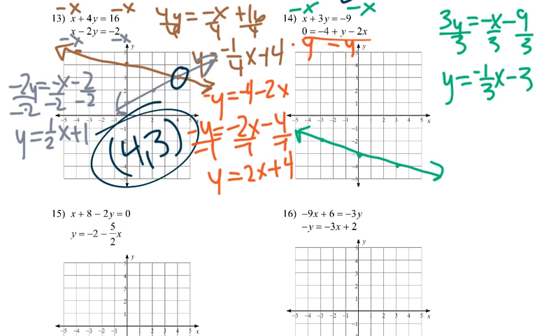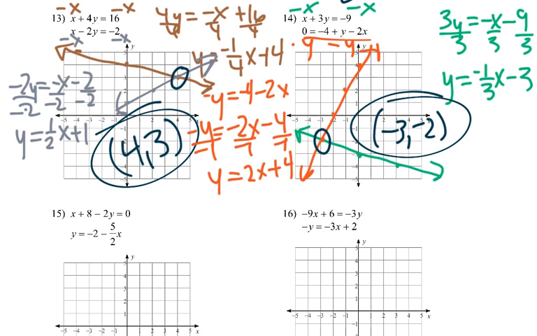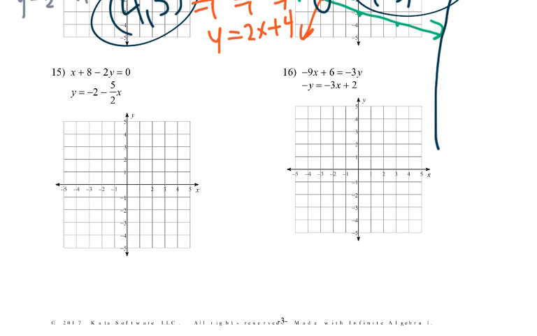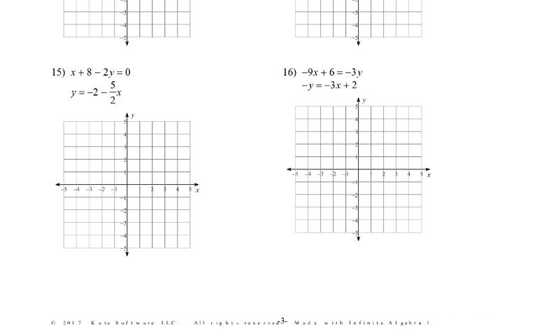So go up to 4, we go up 2 to the right 1, or down 2 to the left 1. And we see, oh, there's where they intersect. So a single answer at negative 3, negative 2. So in these last two, the equations could be really weird looking, but you still treat it the same way.